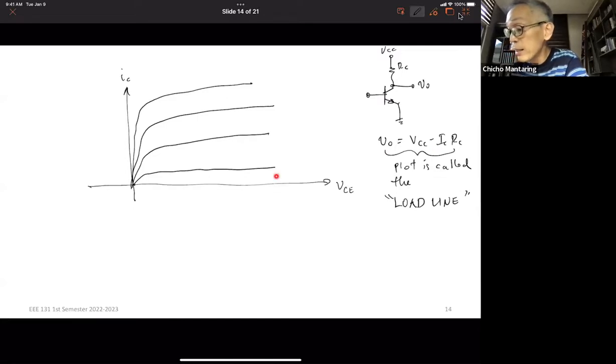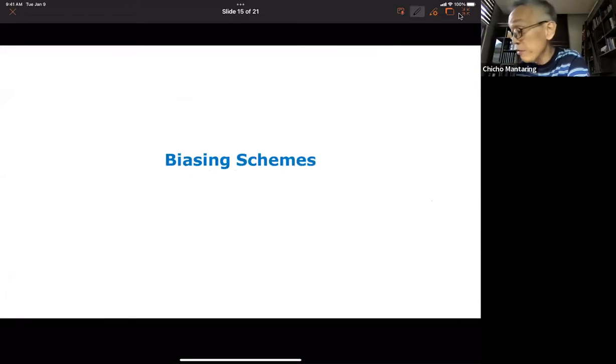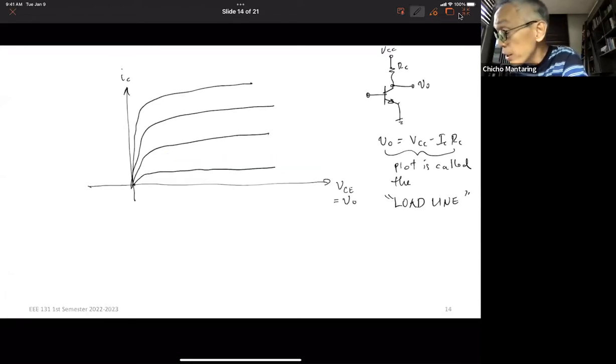I plot it here in the characteristic curves at IC equal to 0. So IC equal to 0 is here, no, along this axis. At IC equal to 0, VO is equal to VCC. VO, remember VCE is equal to VO. No? VO is equal to VCE. So at IC equal to 0, I have VCC.